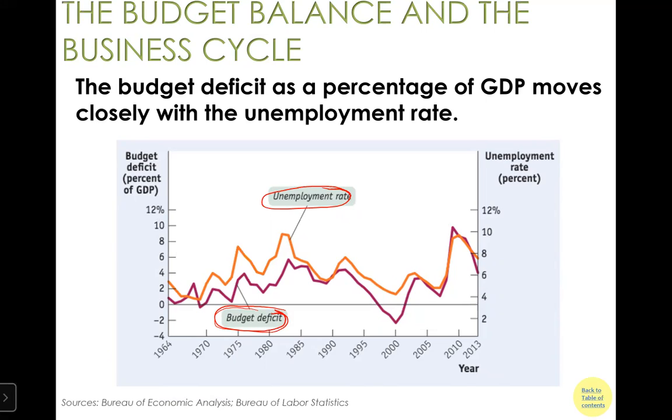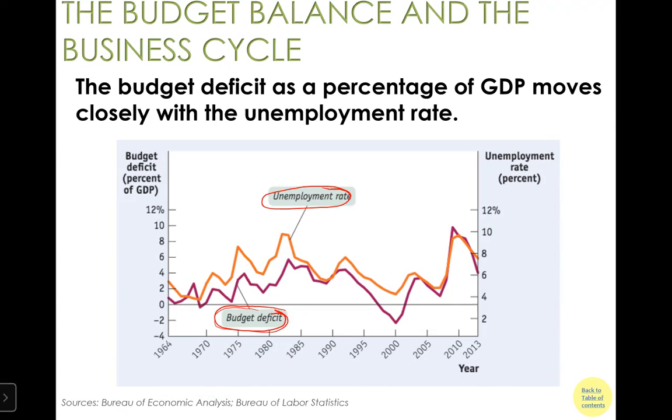And secondly, remember we talked about the automatic stabilizer. When the unemployment rate increases, the government automatically must spend more because more people lost their job, and they will qualify for unemployment insurance benefit. And then the government spending must increase. Right? So those are at least two reasons why they track each other.